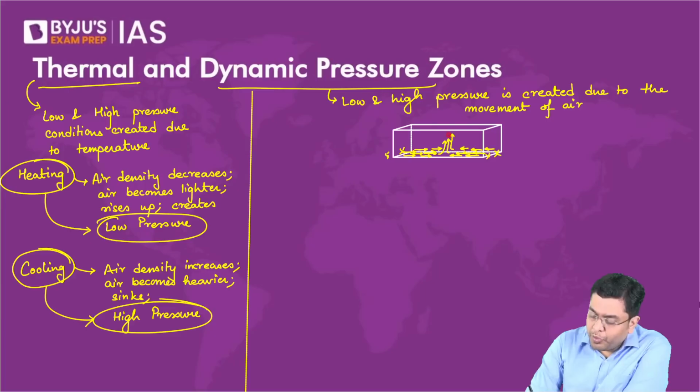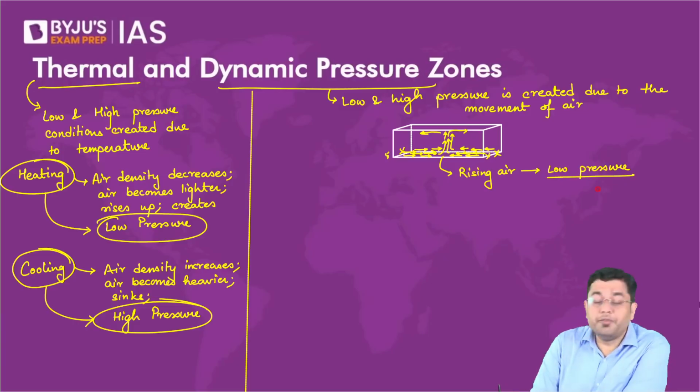The air will have no other place to go but rise up. It hits the ceiling and diverges again. So here you have the rising air at this particular portion. Rising air, we have seen, is always associated with a low pressure condition. So that means whenever you have convergence of air on the ground surface, it will create a condition of low pressure.